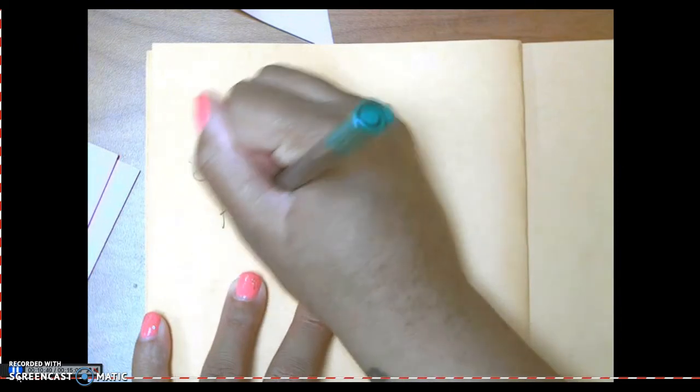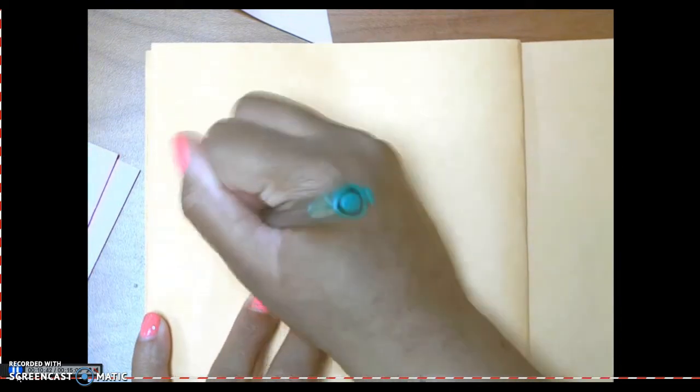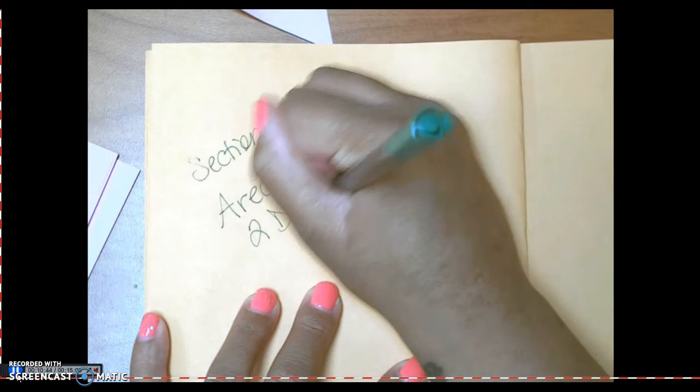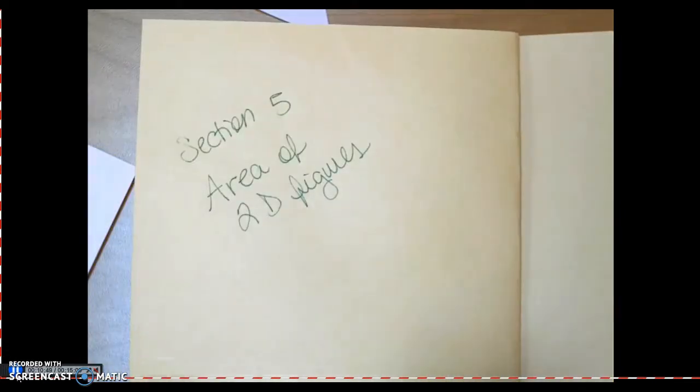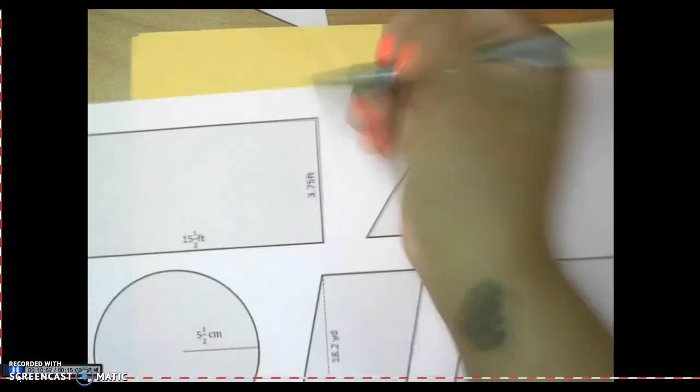Section 5. Area of 2D figures. Boom, this guy.